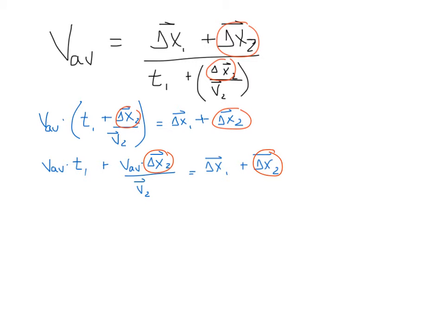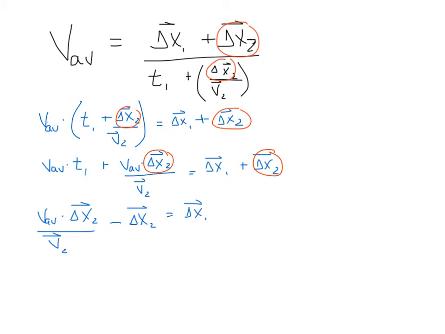So we're going to have then average velocity times our change in displacement 2 over our velocity 2. And remember, this got subtracted over, so we're going to say minus delta x2 equals our good old delta x1 that's been sitting here this whole time minding its own business.